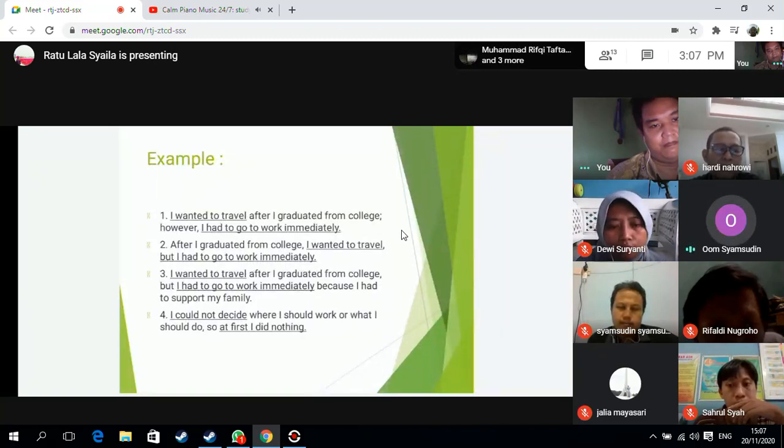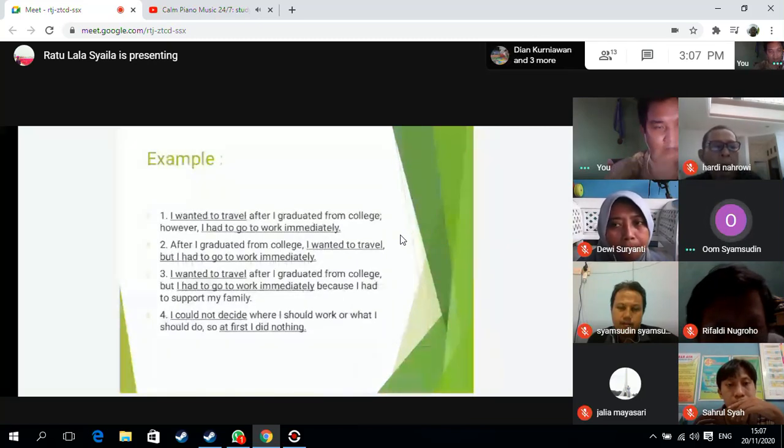Misalnya, I want to do my adventure traveling all over Indonesia, for example, after I graduated from college, misalnya. Oke, tapi yang ini juga lucu, yang kalimat keduanya, yang dependent-nya ya.